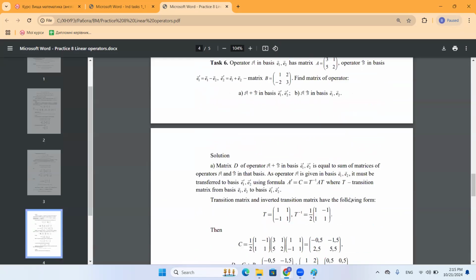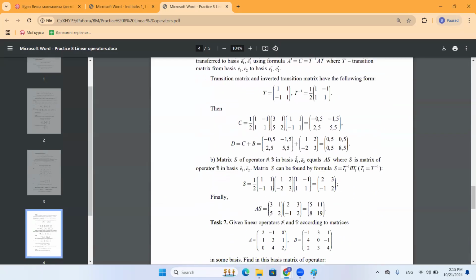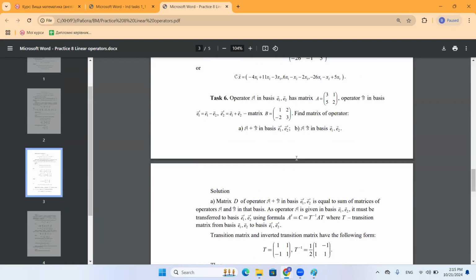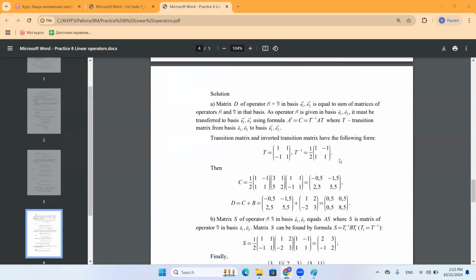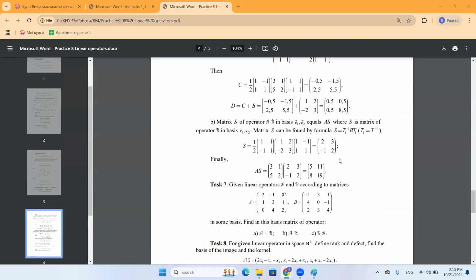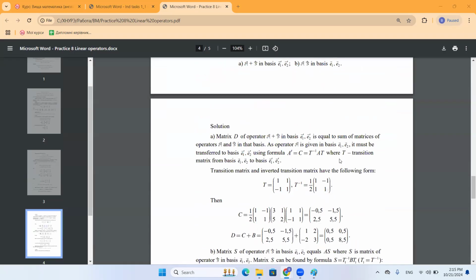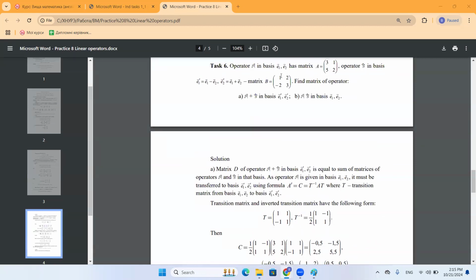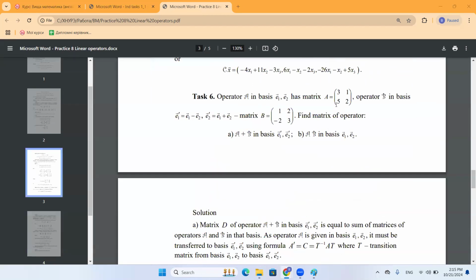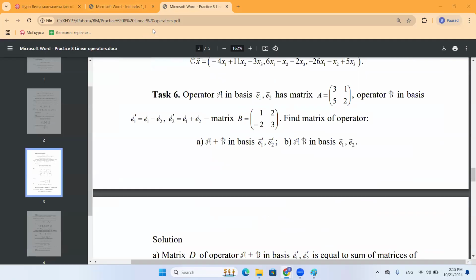So now let's move to the next task, task number 6. I won't say that it is something new, but let's practice transition to other bases as well.